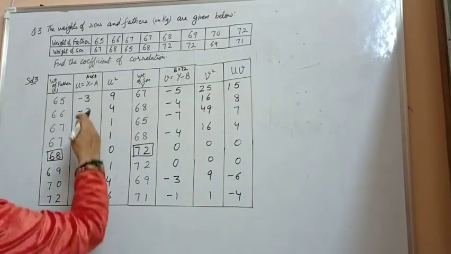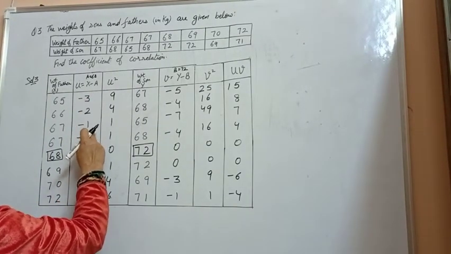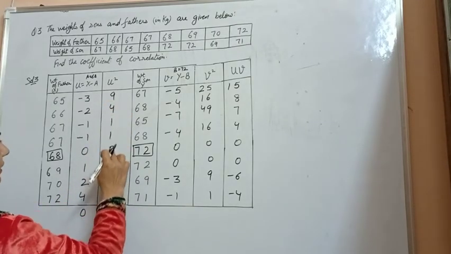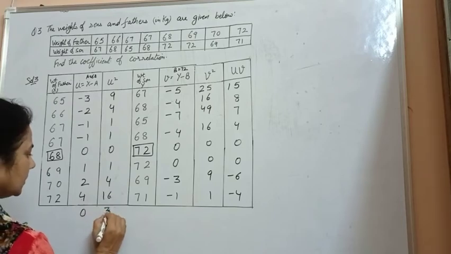So let us add: 5, 6, 7, minus 7 and this is 7. 0. 13, 14, 15, 16, 20, 36.